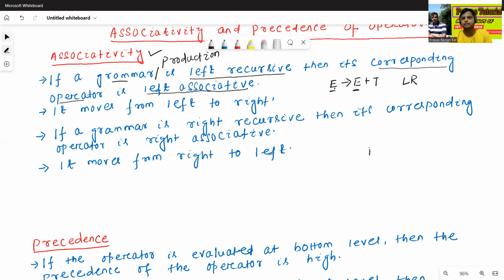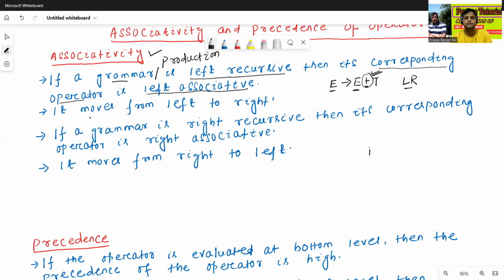Since this given grammar is left recursive, the corresponding operator here is plus, and the corresponding operator is left associative. Means the associativity of the plus symbol is always left associative.